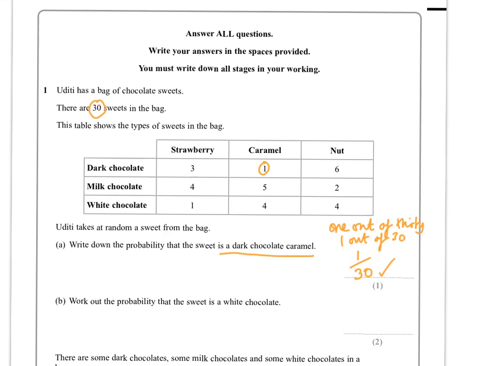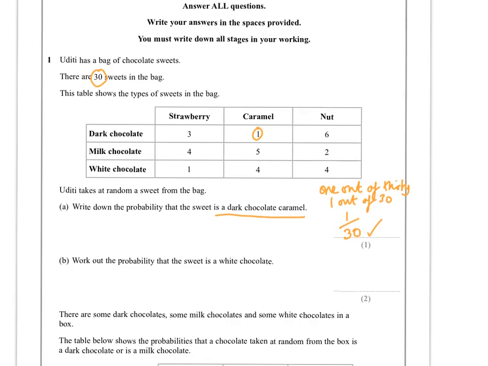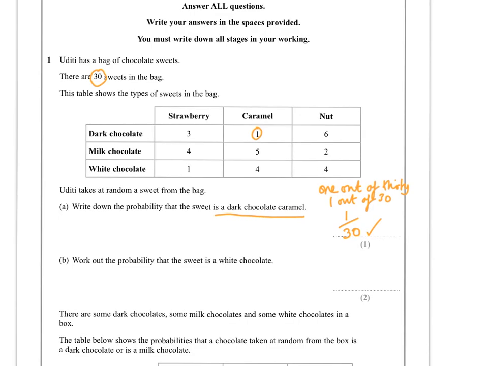So the second part of the question says, work out the probability that the sweet is a white chocolate. Well, here we have 4 of the caramel type, 1 of the strawberry type, and 4 of the nut type. So if I just do those in a different colour, they're all white chocolates, so you've got 4, 8, 9 of them out of 30 choices.